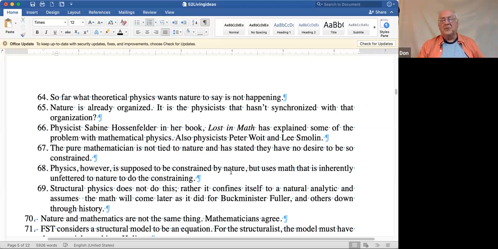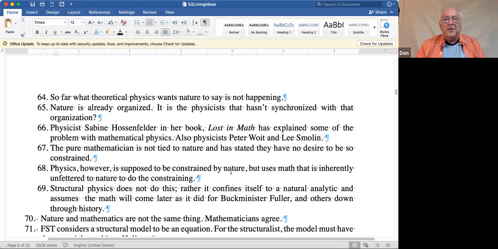And if you're interested, I suggest her book. Also, physicists Peter Woit in New York and Lee Smolin at the Perimeter Institute in Canada have written about the problems physics is in. And these are deep existential problems for physics. They're complaining there's no way out, and the people that are holding the present paradigm are not letting evolution occur because they're holding on to their ideas.